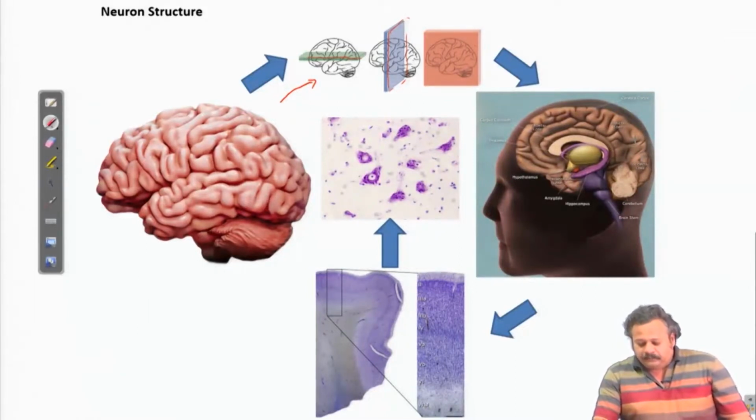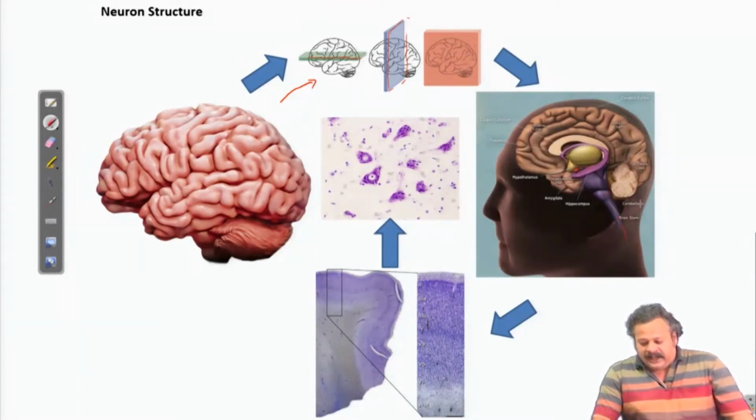And as you can see, there is the midbrain structure and cerebellum, and then the brainstem, followed by the spinal cord, which connects to the peripheral nervous system down in the body.